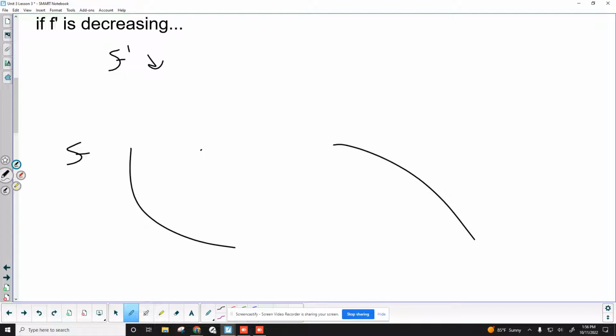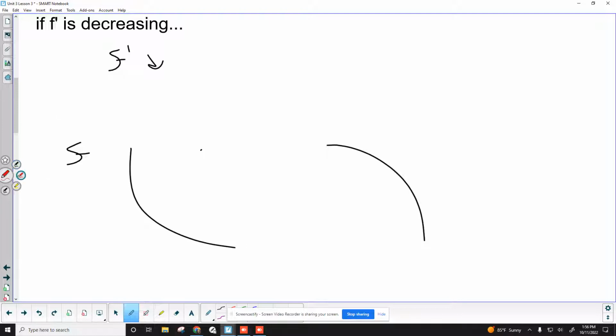I'm just telling you that f prime is decreasing. Which one? This is great. And this is going to show up next class too as a common confusion among students.